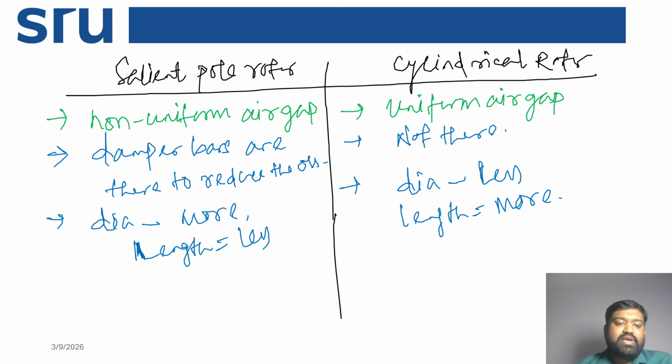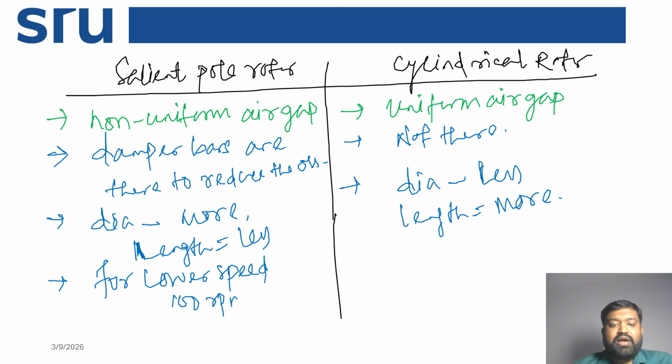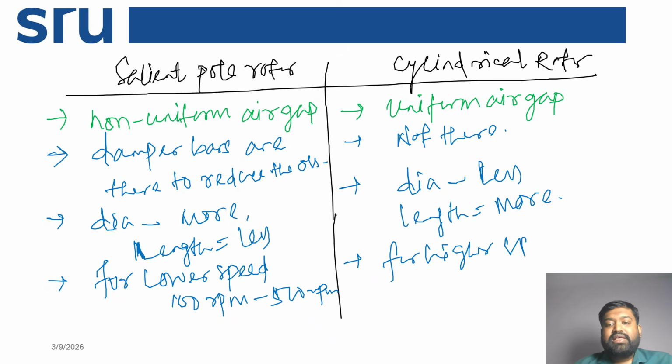Then another point, you see it can be applicable for lower speed, and you can say the speed will lie between 100 rpm to 500 rpm. And here it can be used for higher speed, that is in between 500 to 1500 rpm. Keep in mind.